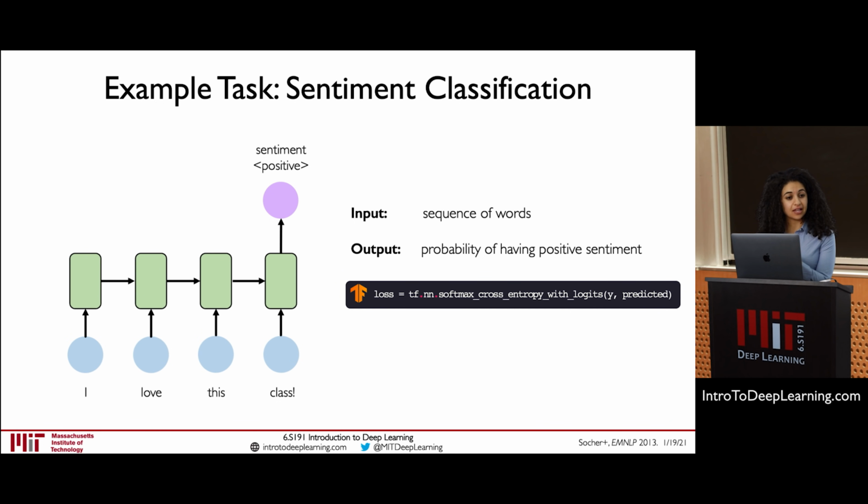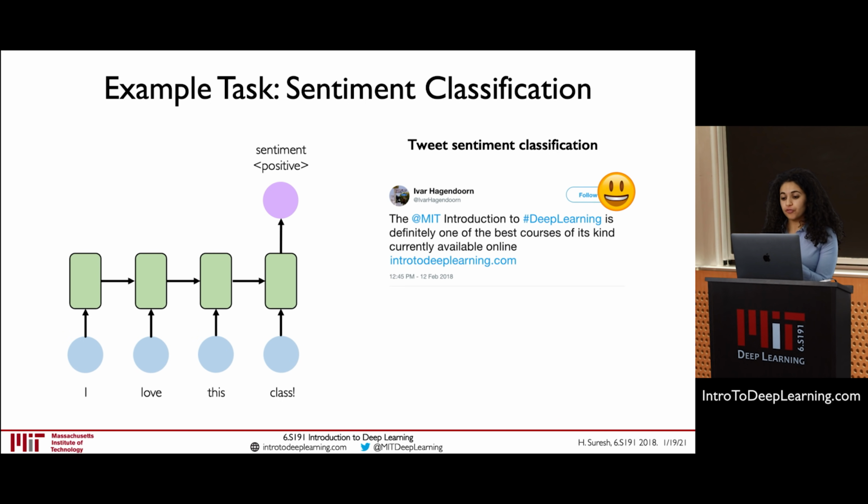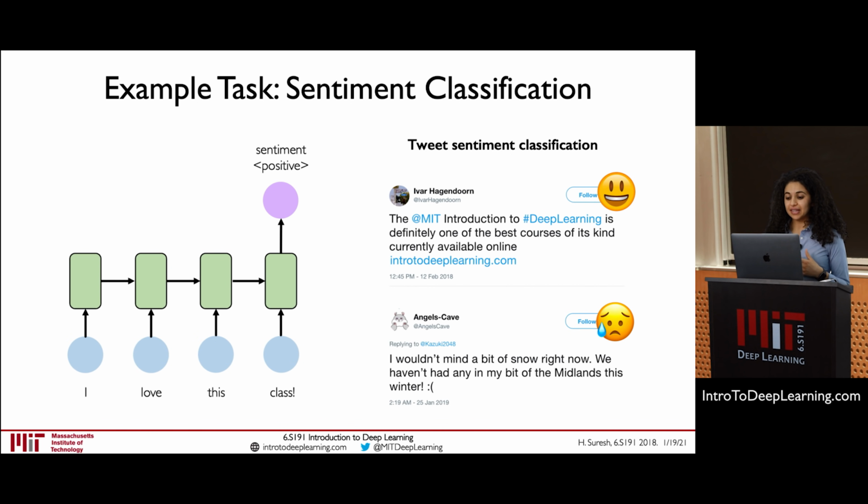Because this is a classification problem, we can train these networks using a cross-entropy loss. One application we may be interested in is classifying the sentiments associated with tweets. For example, we could train an RNN to predict that this first tweet about our class, 6S191, has a positive sentiment, but that this other tweet about the weather actually has a negative sentiment.